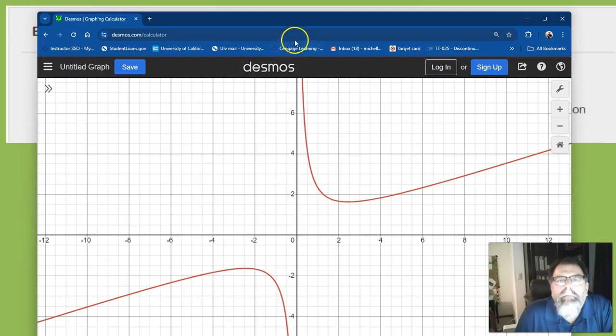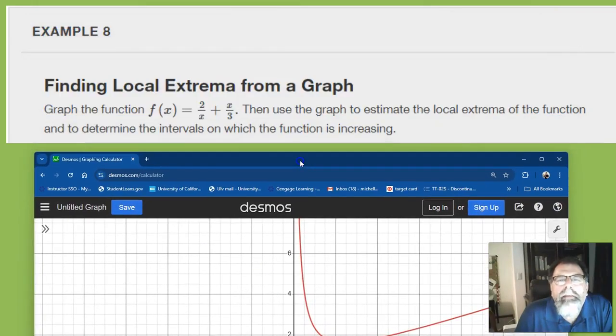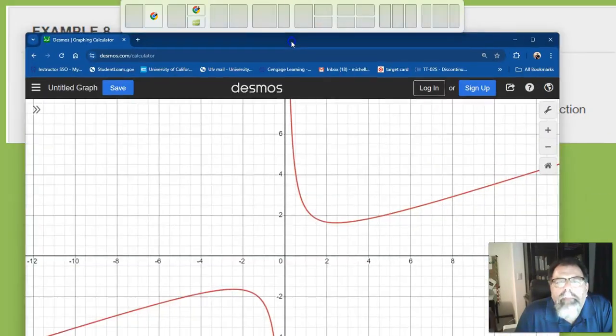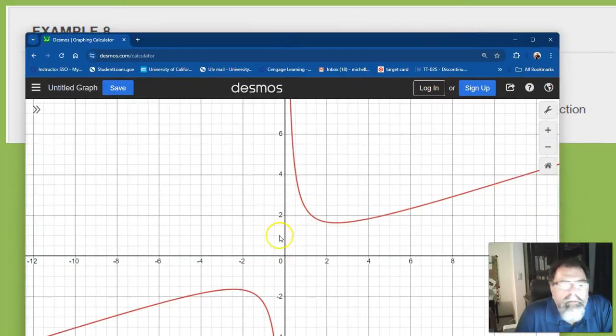And then we are trying to find the local extrema. So basically we're looking for the peaks and valleys. And what's nice about Desmos, right? You can see that it's right about in this neighborhood. If you just click on the graph, it puts it for you.